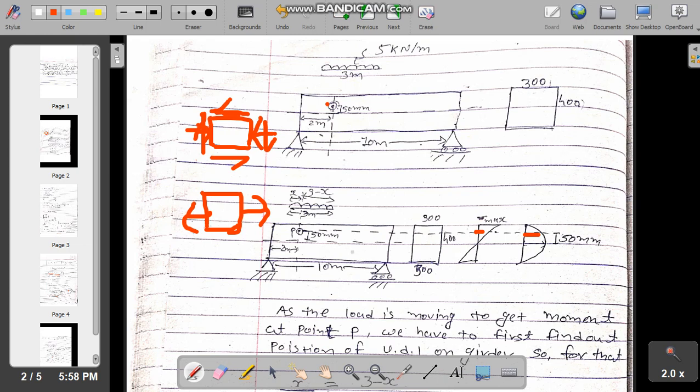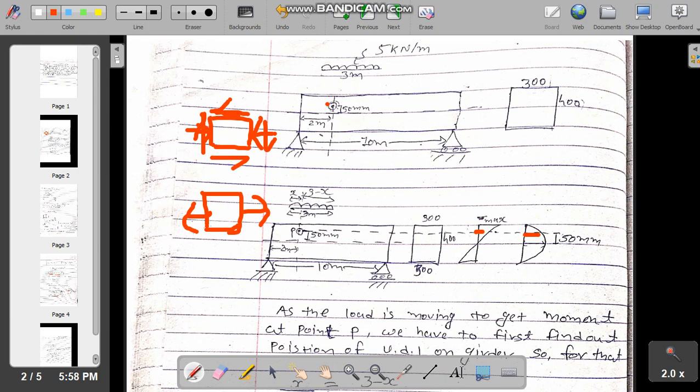For the bending stress and for the shear stress, we have the equations separately, and from the bending stress value and the shear stress value, we can put those values in our main equation for the principal stress.